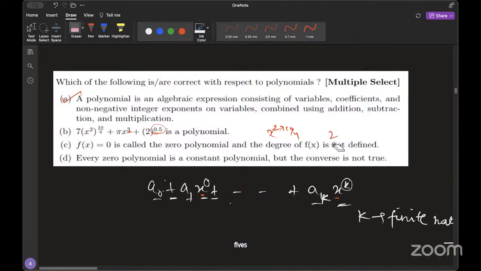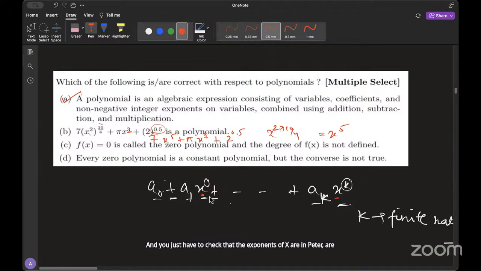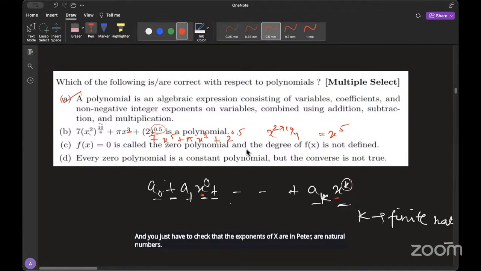This will just be x to the power 5. This can be rewritten as 7x to the power 5 plus 5x cubed plus 2 to the power 0.5. And you can now compare it to this one. You just have to check that the exponents of x are natural numbers, which is true here, right? Yes. This should be a polynomial. So this is a polynomial as well.